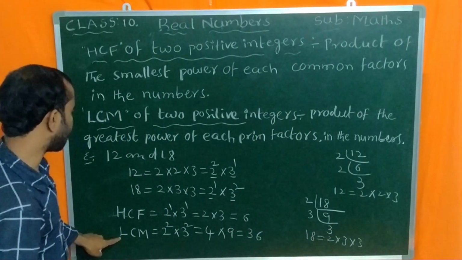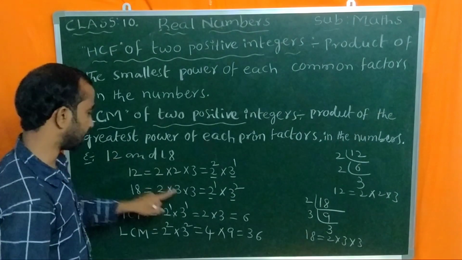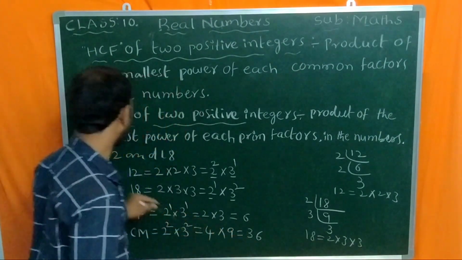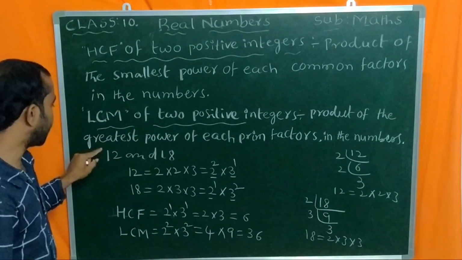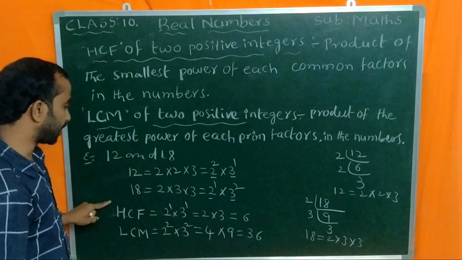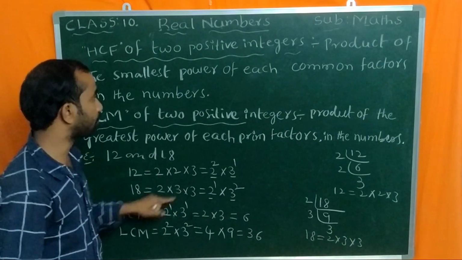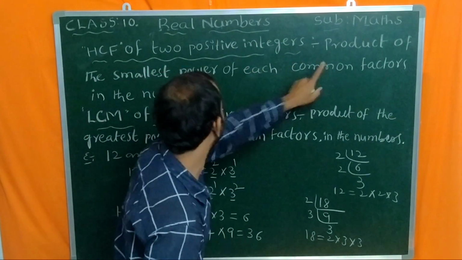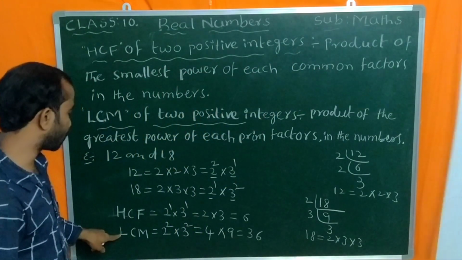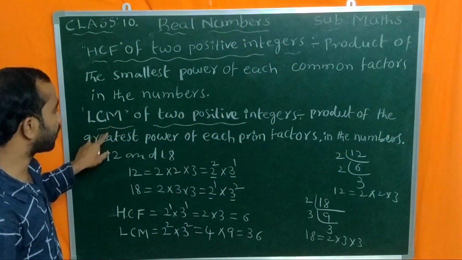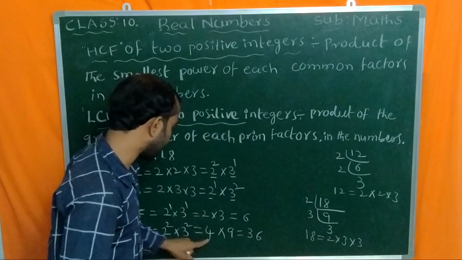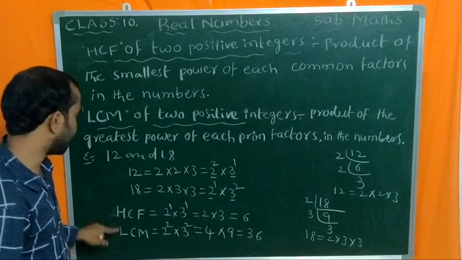So the LCM of the given two integers is 36. Finally, the HCF of any two integers is the product of the smallest powers of the common factors, and the LCM is the product of the greatest powers of the prime factors.